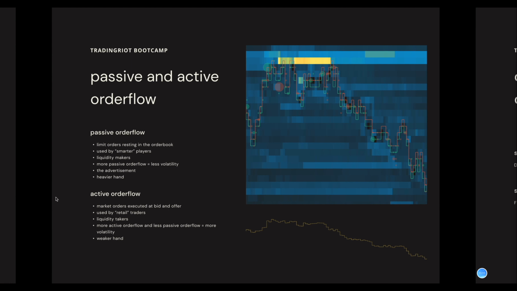They are liquidity takers because obviously they are taking the liquidity from the order book. The more active order flow and less passive order flow, the more volatility. Once again, we talked about this: the less liquidity in the books and the more market orders getting in, the more volatile the market will be. These are the weaker hands in the market.